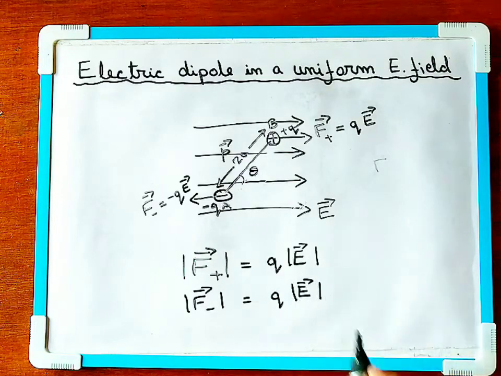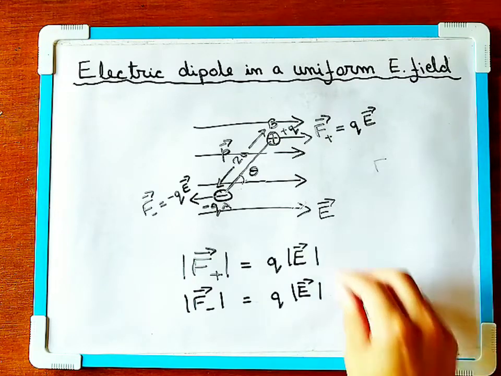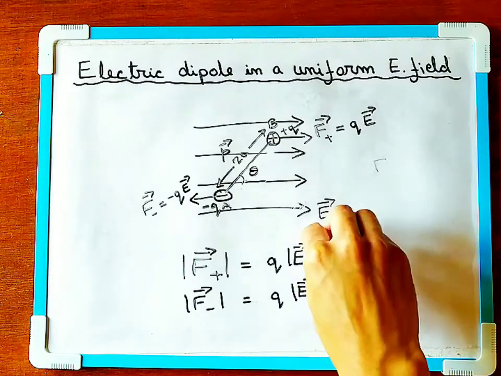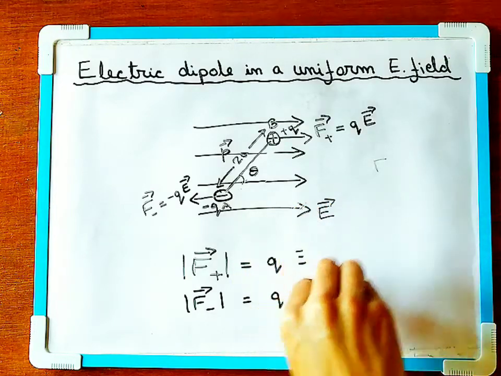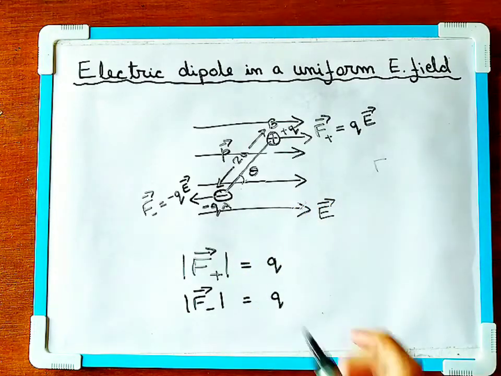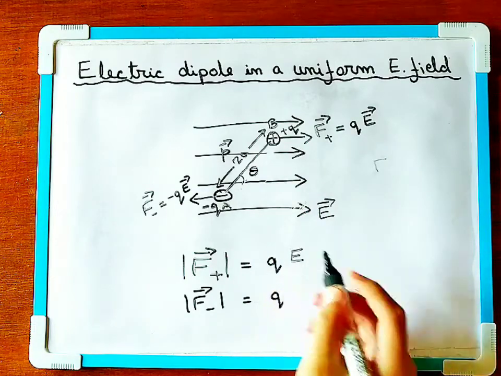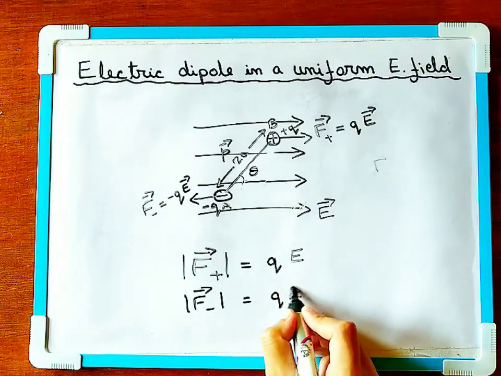Instead of putting the modulus sign, I'll just write QE, here also QE.